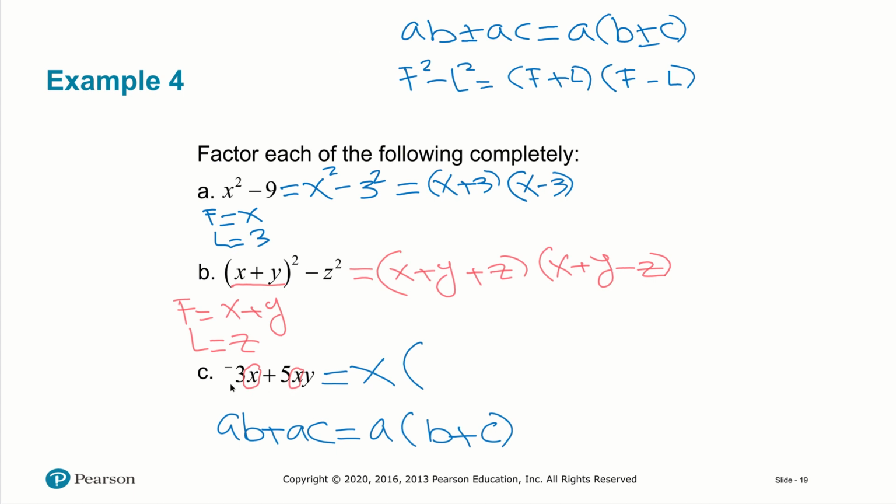When you take that out, what's left? Negative 3 plus 5y. Quickly check to make sure, multiply it out, and you should get back to this. X times negative 3, that's negative 3x, and x times 5y, that's 5xy. So we've done it correctly. And of course, you could check all of them by multiplying them out and making sure that you get the same thing. It's always available to you, that option.